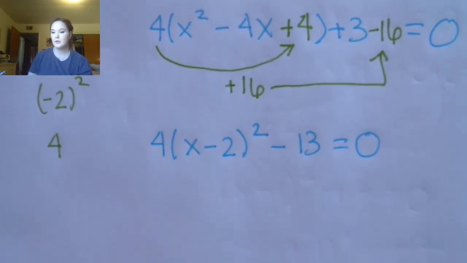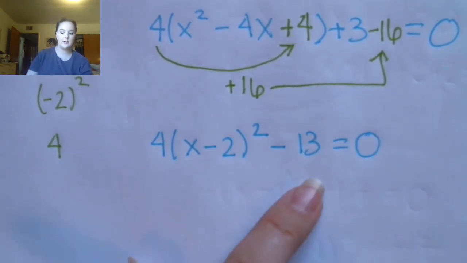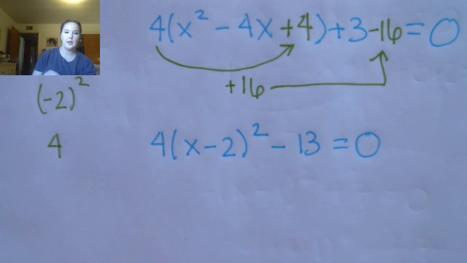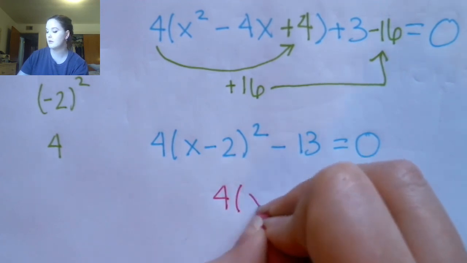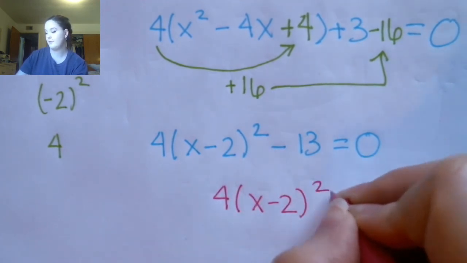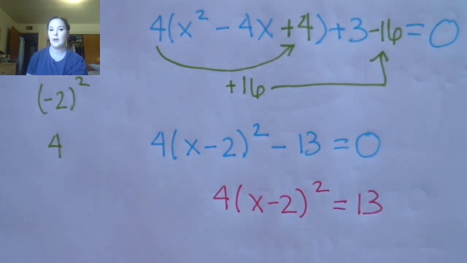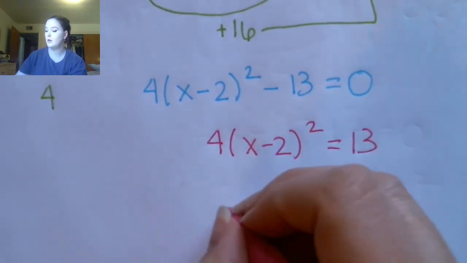Okay, so here's my completed square. Okay, and I'm going to go ahead and finish this using extraction of roots. So I'm going to add 13 to both sides, and then divide both sides by 4.